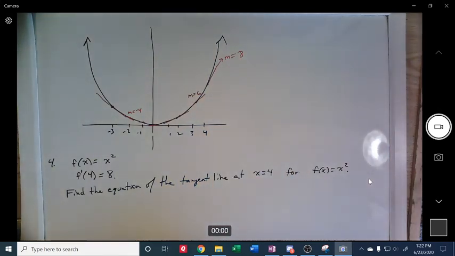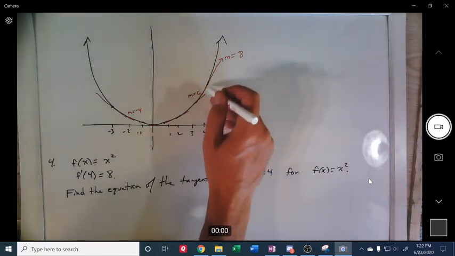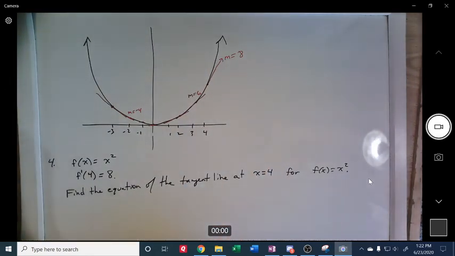But how do you find the equation of that red line? What two pieces of information would be helpful to find the equation of the line?